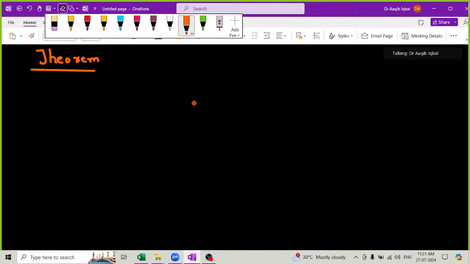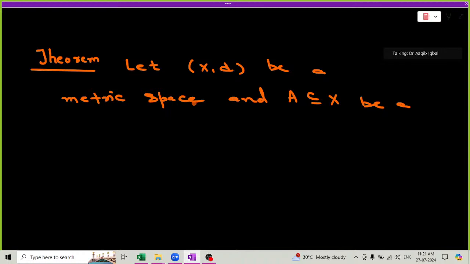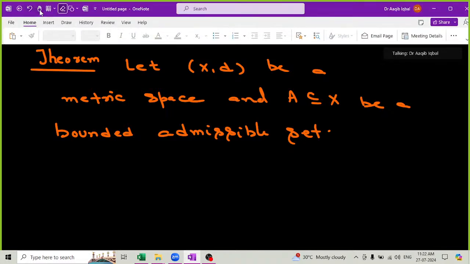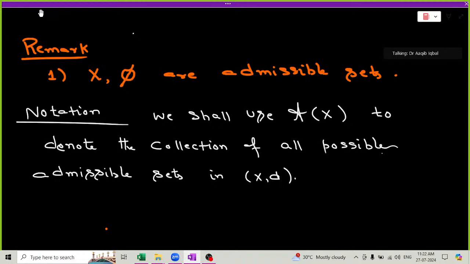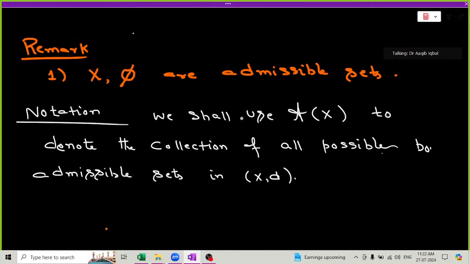अभी आप ये थ्योरम को देखिए. Let (X, d) be a metric space and A contained in X be a bounded admissible set. हम ऐसा करेंगे, मुझे एक रास्ता इसमें दिख रहा है। आप ये करिएगा, वो जो कलेक्शन है, script A_X, we use this symbol to denote the collection of all possible bounded admissible sets.